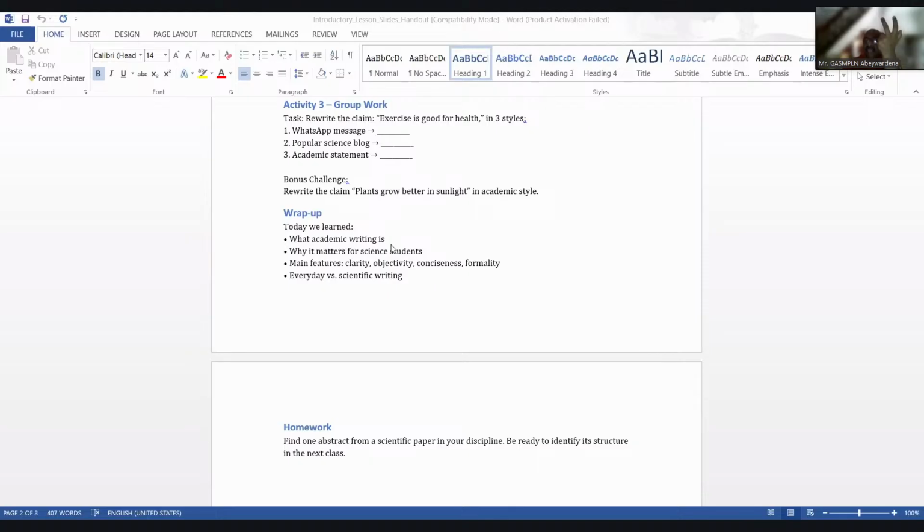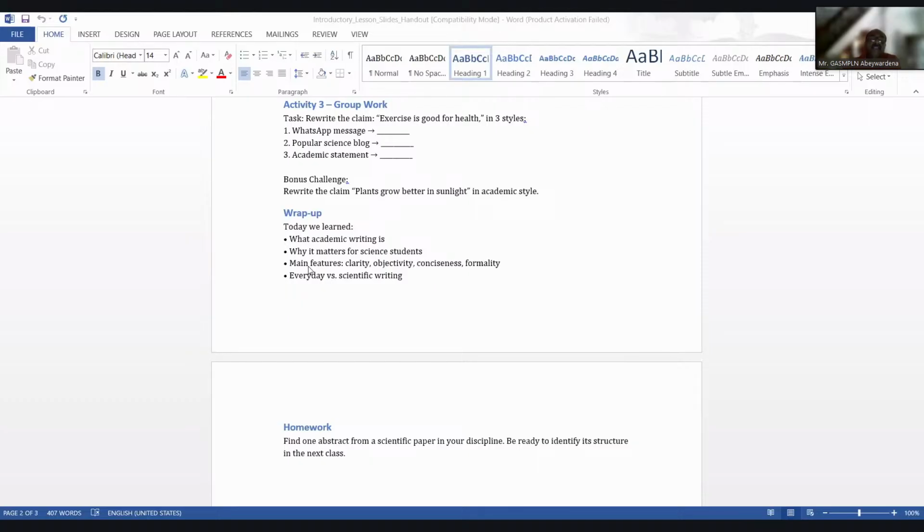It contains evidence, right? Then, why it matters for science students? Because we need to write answers at the examination, lab reports, and other types of reports, and we need to take internships, where we have to use a lot of these things.